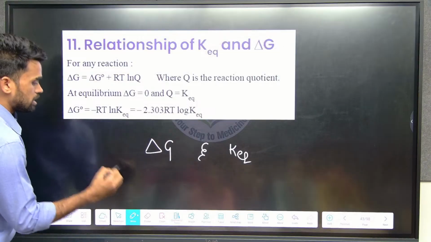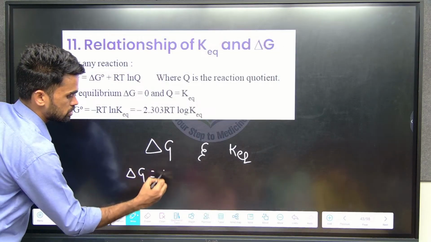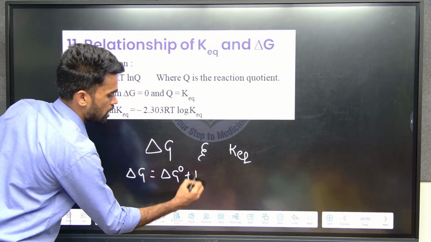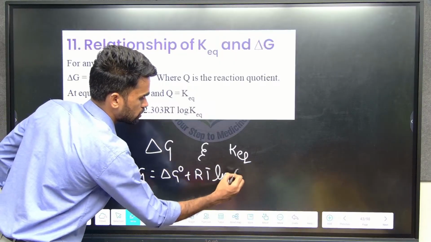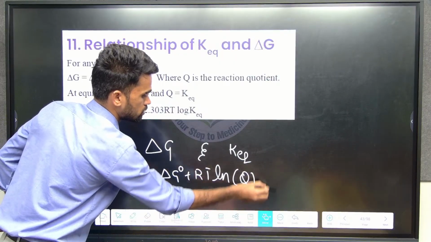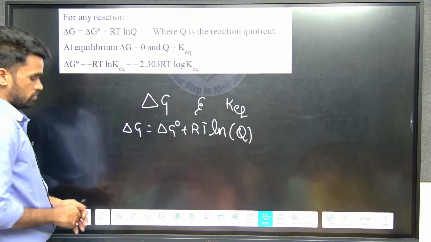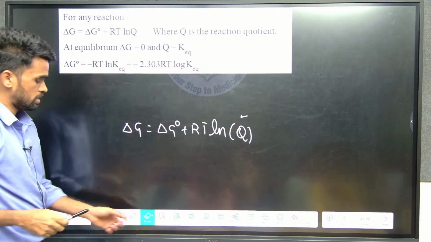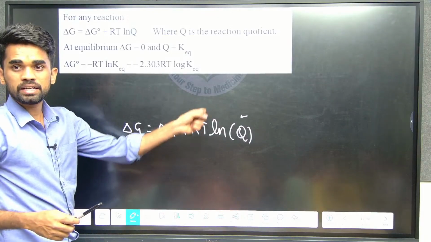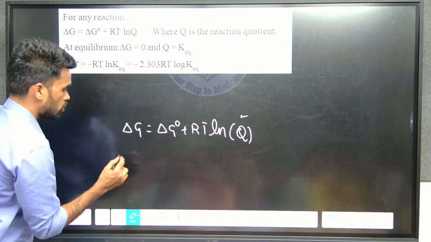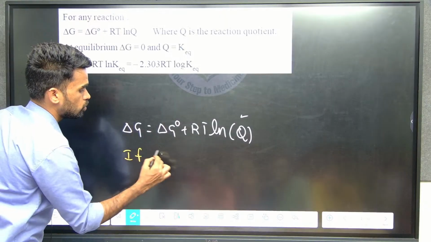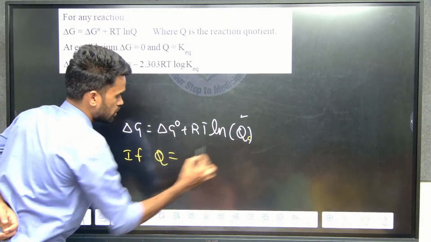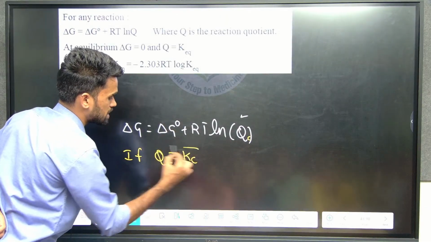See, delta G equals delta G naught plus RT ln Q. If Q equals K, or Qc equals Kc, what is this condition?